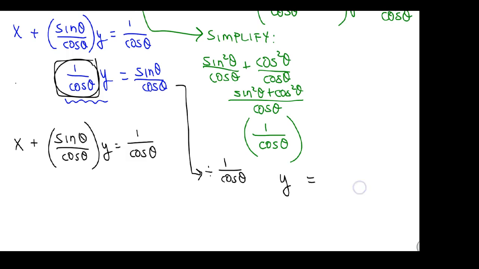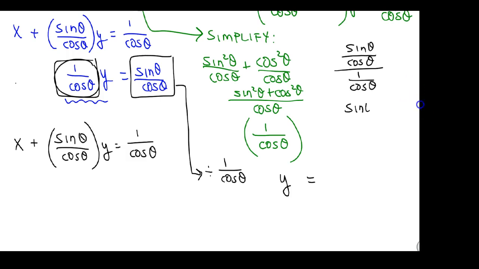And on the other side, sine of theta over cosine of theta divided by 1 over cosine of theta, which means multiply by the reciprocal, gives me sine of theta.